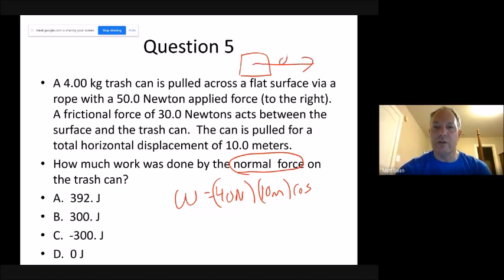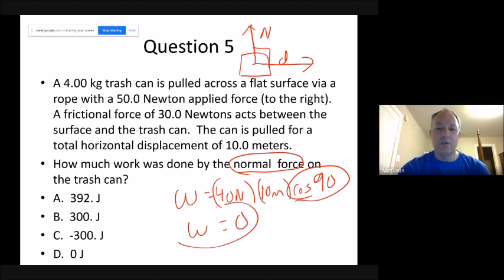So there's our direction. Our force is acting this way. That angle's still 90 degrees. Cosine of 90 is 0. So our work is 40 times 10 times 0. The normal force also does 0 work because there's no component of that force that acts in the same direction as the displacement or the distance moved.